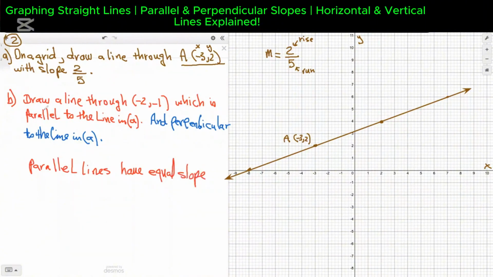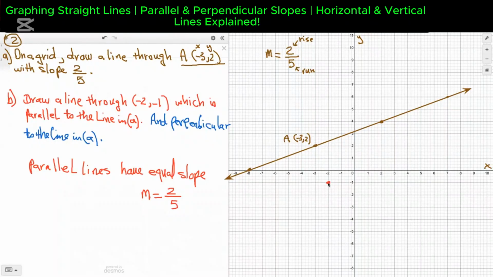So therefore, the line that goes through -2 and -1: the x is -2 and the y is -1. So you go down one right there, and this is your point. And this line here, the slope would be equal to this slope, since this line and this line are parallel. So the slope here will be 2 over 5 as well.